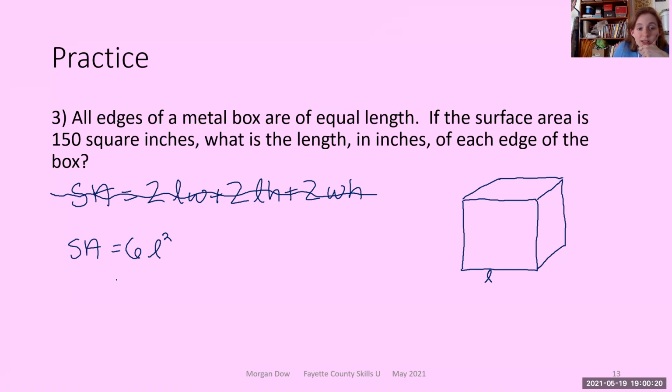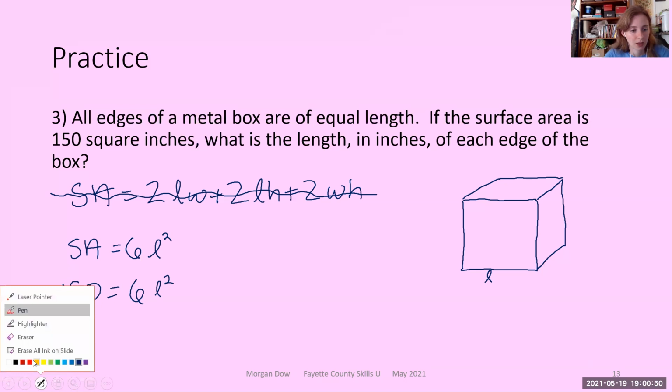So they tell us the surface area. We know what the surface area is. It is 150 square inches. So I'm going to replace surface area with 150. So 150 is equal to 6 times something squared. We want to end up with that missing number, that variable, by itself. So we need to cancel out that 6. We cancel out that 6 with division, right?